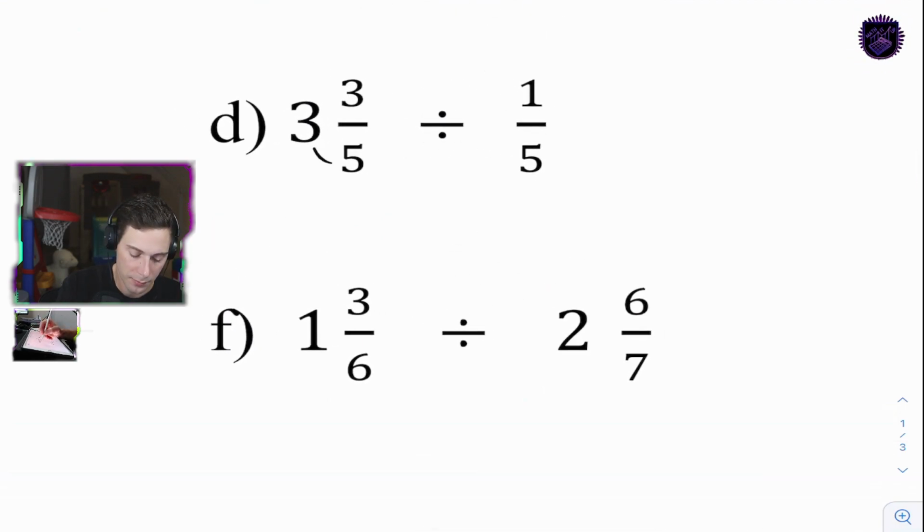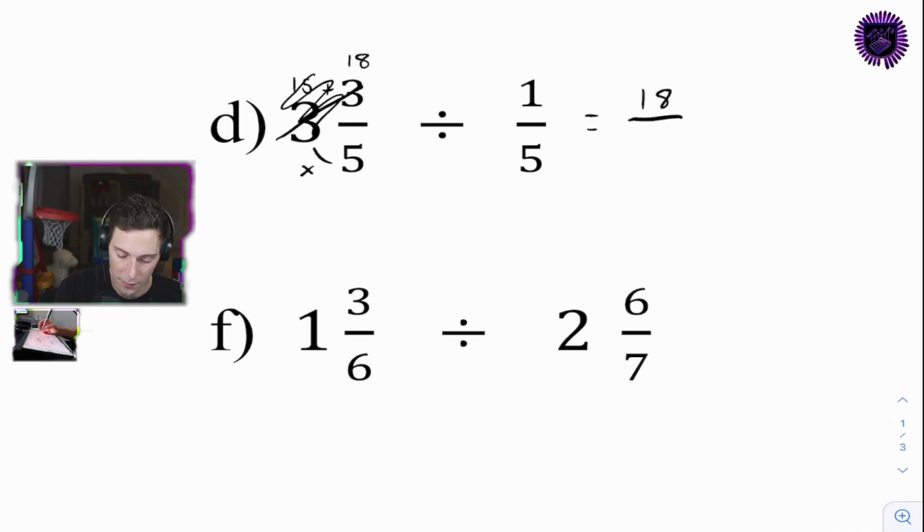Okay. Let's do D. Multiply. So that will be 15 plus 3. That's going to equal 18. And then we're going to rewrite this as 18 fifths multiplied by 5 over 1.